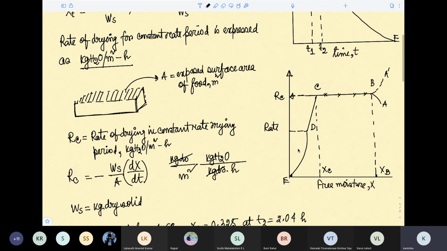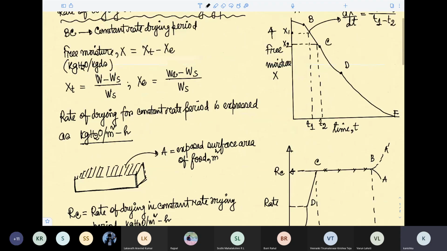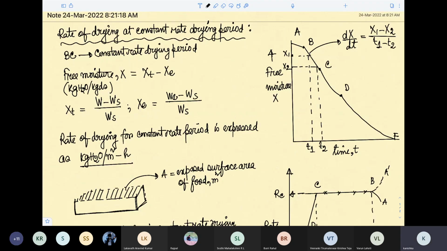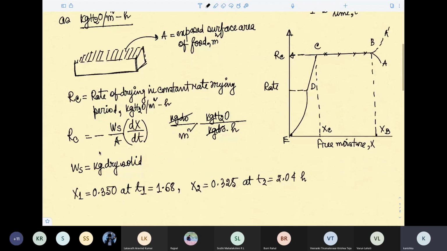Now why have we put a negative sign here? In dx by dt, if you move along this line, as the time increases, the moisture content decreases. To make the whole thing positive, we put a negative sign here.